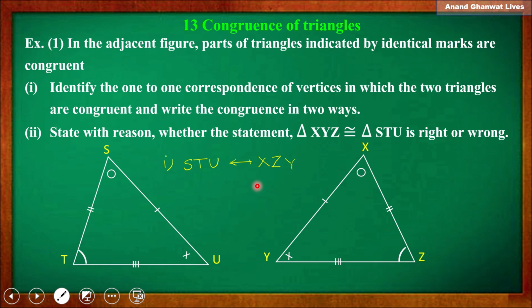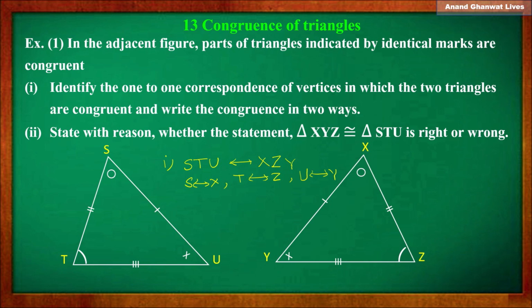Okay. So the one-to-one correspondence between the congruent triangles is STU one-to-one correspondence with XZY. S corresponds to X, T corresponds to Z, and U corresponds to Y.